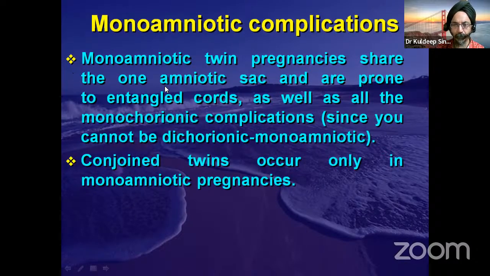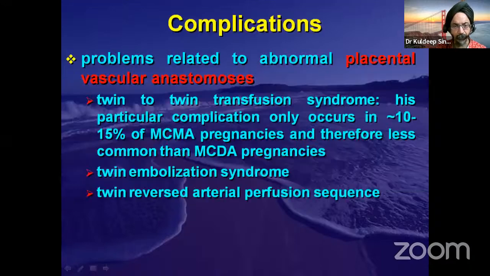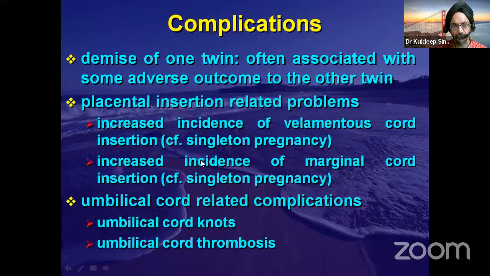They share 1 amniotic sac, so there's plenty of cord accidents happening. Conjoined twins can occur in only monoamniotic pregnancies. Cord entanglement, conjoined twin. You can still have placental vascular anastomosis, even in a momo twin as well, though it's more common in monochorionic diamniotic.